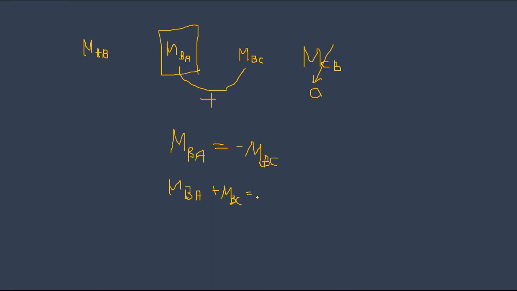You don't need to worry about the sign. The answer will give you the sign, right? If you have followed the sign convention properly, that will give you negative if it's anti-clockwise, and this will also have some value, right?